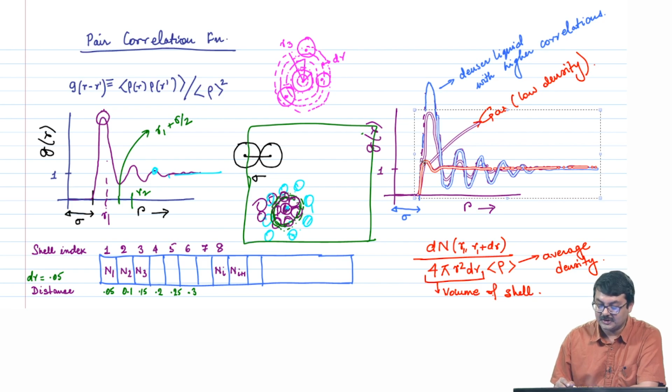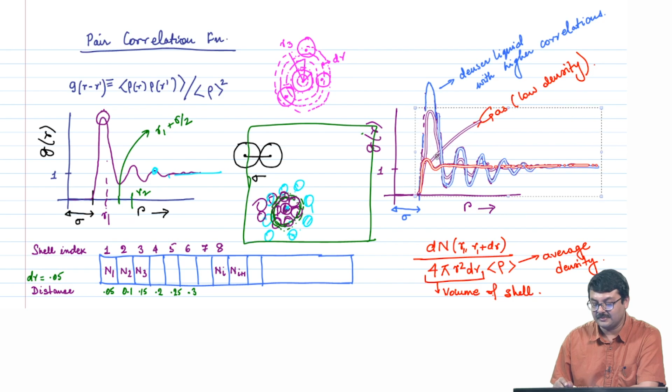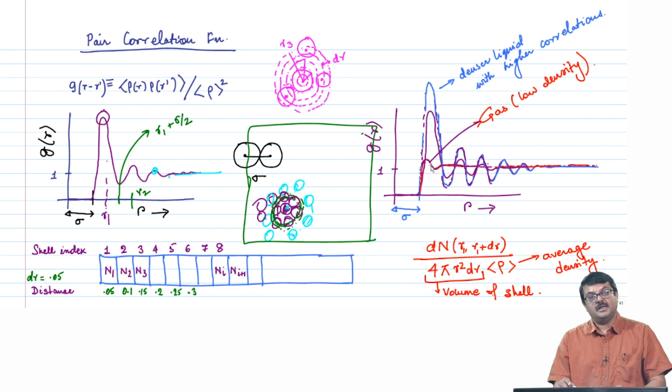Here I have shown a very small peak, and thereafter it becomes practically 1 all over. If it is an ideal gas, it would be 0 up till distance 1, and from r equal to 1 onwards the value of g of r will remain 1 for all large distances.